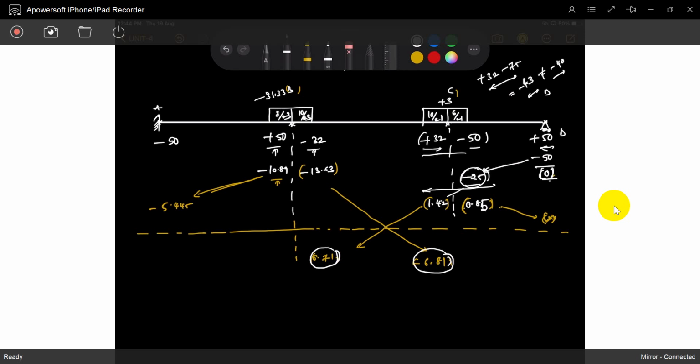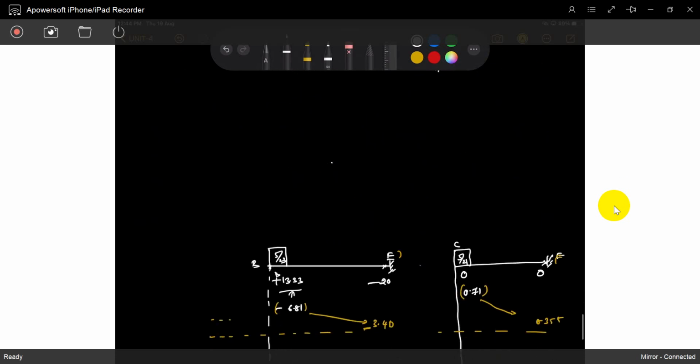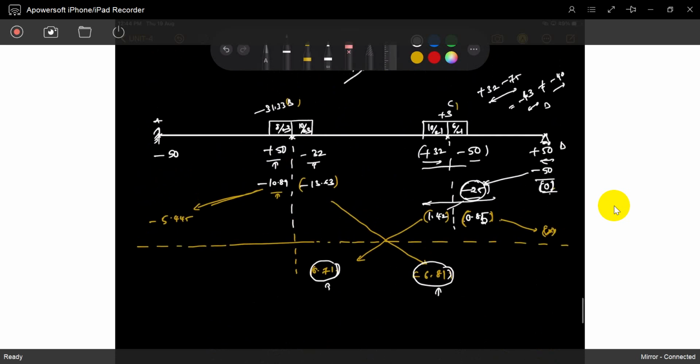At joint B it is unbalanced, at joint C this is unbalanced. So again you have to distribute 0.71 between BA, BC, BD and BE. So we will do a second iteration, because that 6.81 is too large.